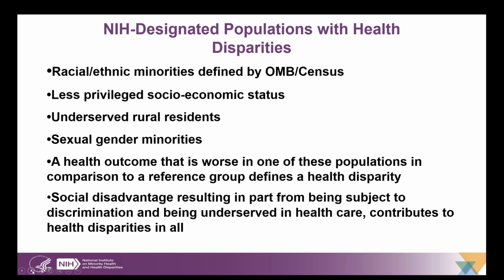A health outcome that is worse in one of these populations in comparison to a reference group is what we define as a health disparity. We also embrace the unifying concept that social disadvantage that results in part from having been subject to discrimination and being underserved in healthcare contributes to health disparities in all of these groups. Next slide.